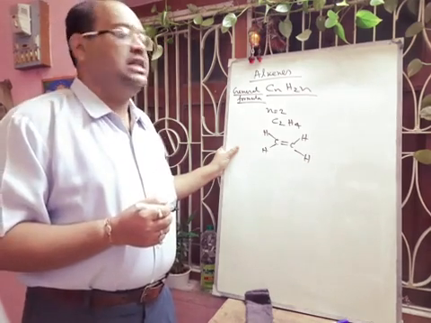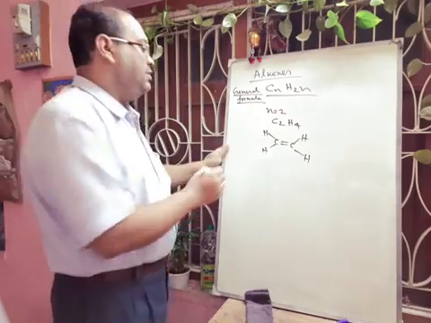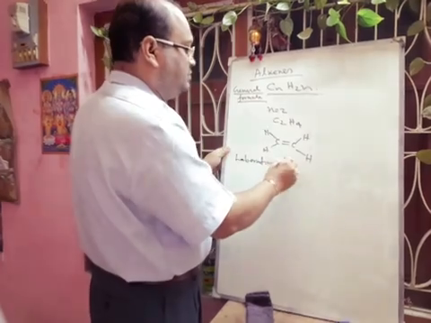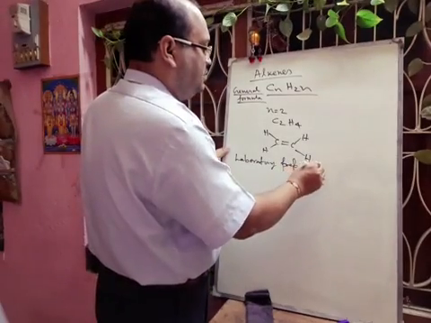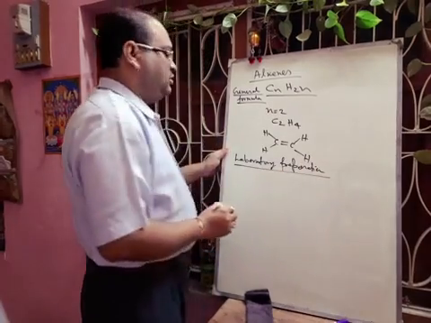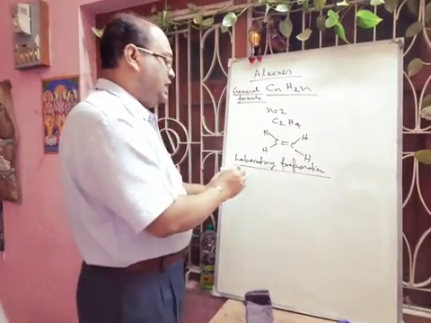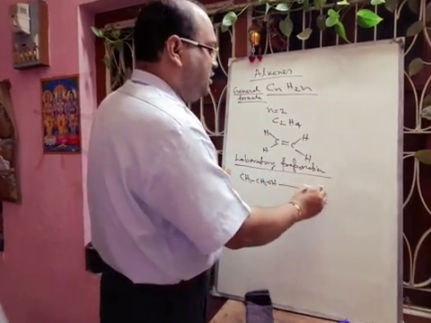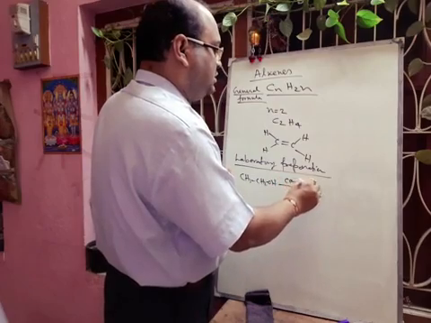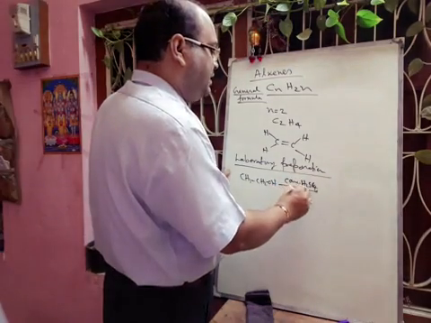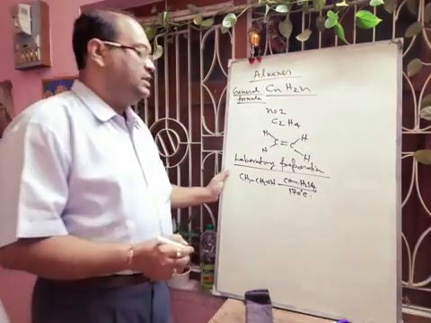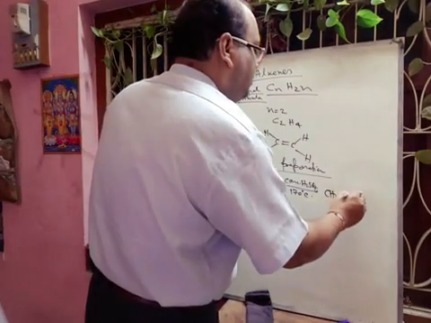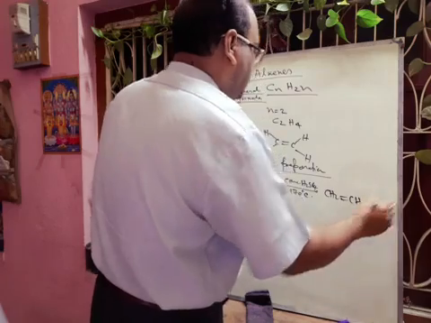Now first we will discuss the laboratory preparation. For laboratory preparation we have to take alcohol. If we take ethyl alcohol and add concentrated sulfuric acid, and heat to around 170 degrees centigrade, then there will be dehydration, and we will get CH2 double bond CH2 plus H2O.